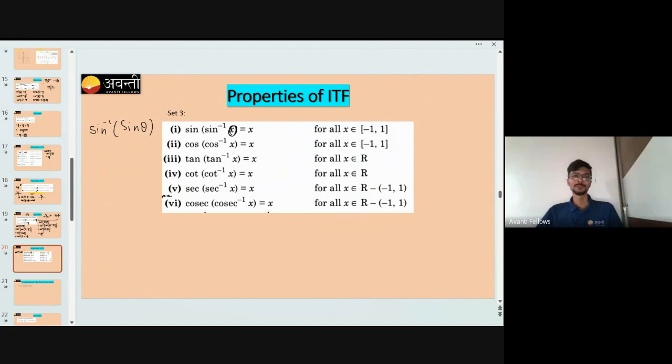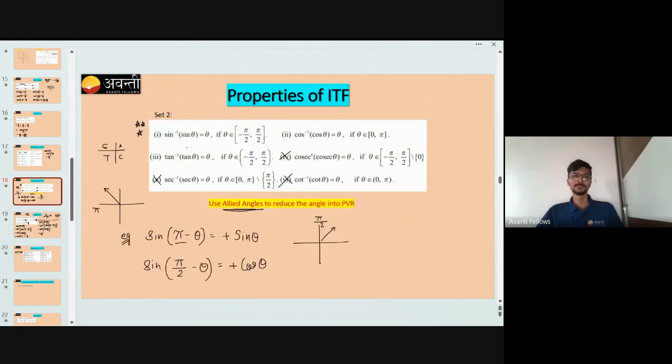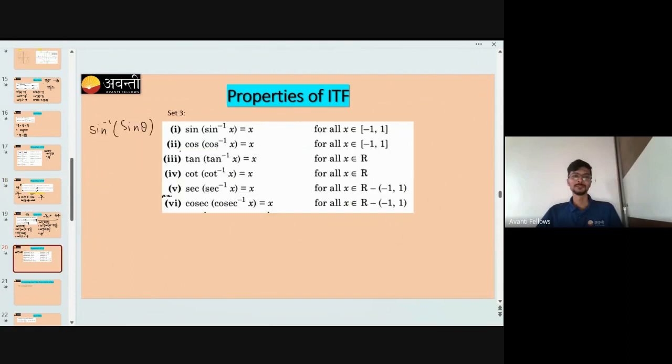Since x is a value, please understand this. Here, theta was an angle, and for inverse, the angle comes in the range, the PVR. Here, x is a value, and the value for inverse comes in the domain. So I would like to point out x should be in the domain of sine inverse.